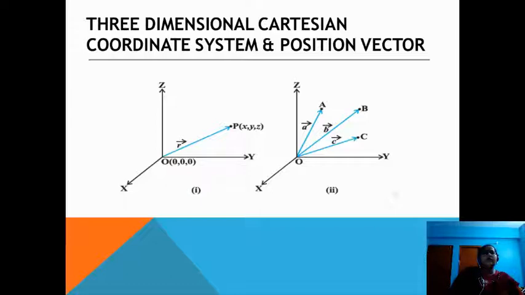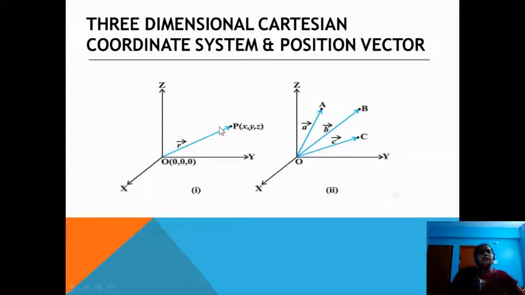Now vectors. Here in figure 1, let us see first. We have a vector OP, which is denoted by R. Now what is O? O is of course the origin of our coordinate system, so its coordinates are 0, 0, 0, and the point P has coordinates x, y and z.